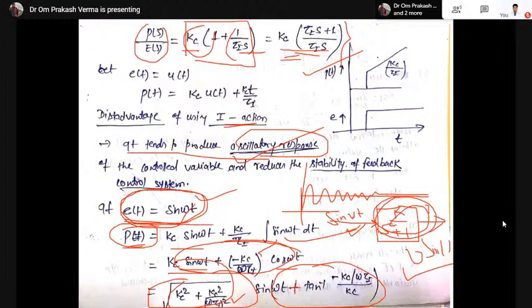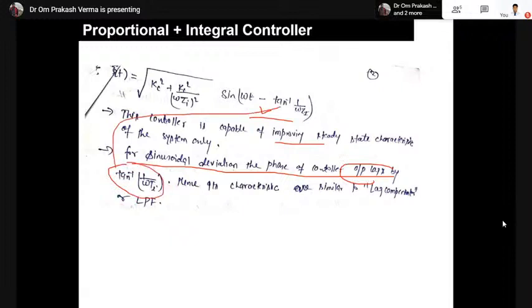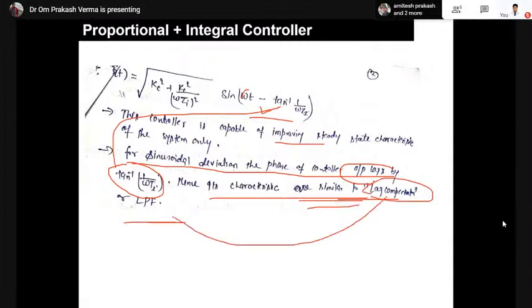So this is a minus sign when you solve this equation. It means it is lagging by some angle. This value is lagging with this value, and therefore the characteristics are similar to the lag compensator, and the lag compensator is nothing but the low pass filter. So, low pass filter.